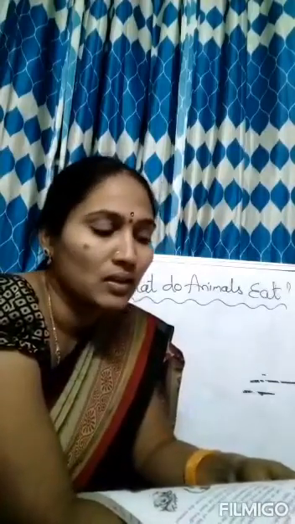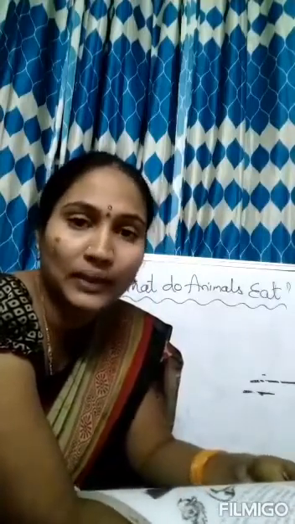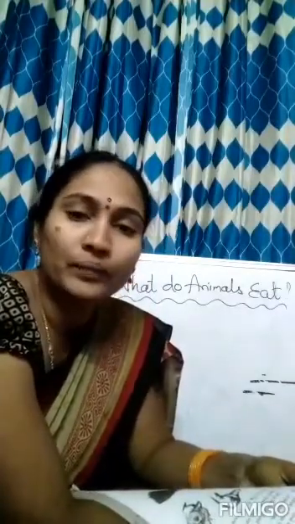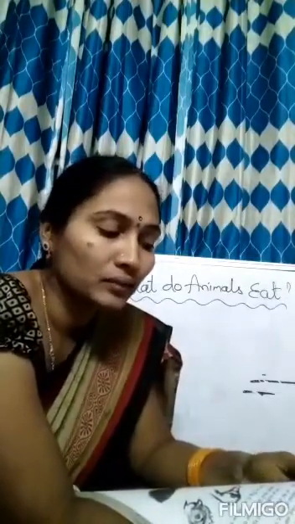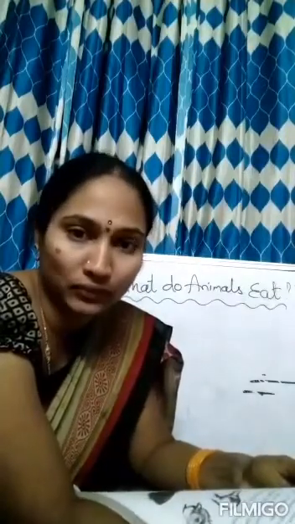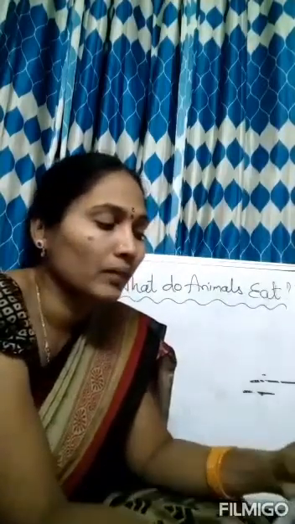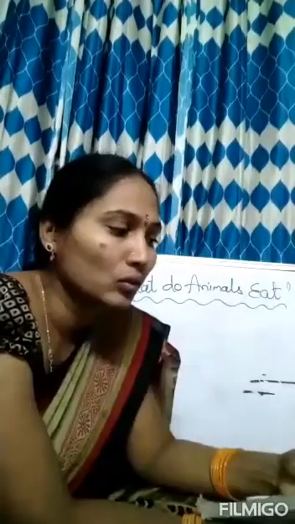Both are eating the same food, but they are using different parts. In the above paragraph we learned both use the same body part, that is tongue, but the type of eating is different. And here hen and frog are using the beak to take the food.